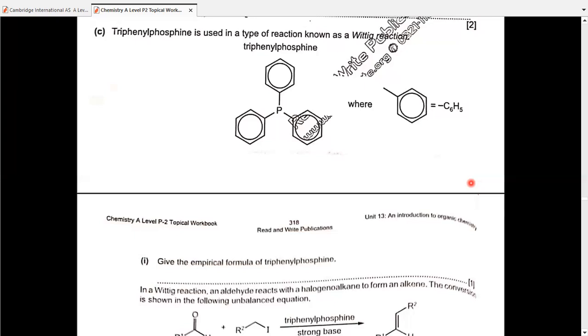Sir, C3H6P or PC3H6. No, that's not correct. Think again. Remember, it's an empirical formula. Sir, C6H3P.